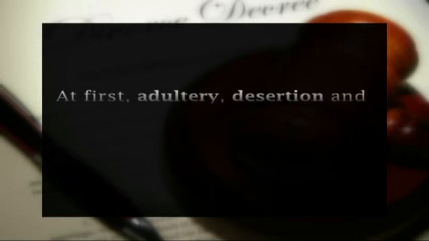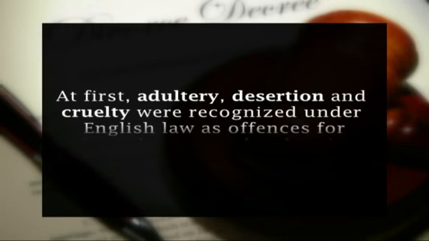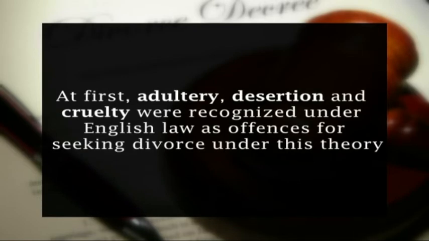The offense for which parties seek divorce must be only the matrimonial offense as recognized under the law applicable to them, and generally not a criminal offense, however heinous it may be. At first, adultery, desertion and cruelty were recognized under English law as offences for seeking divorce under this theory.